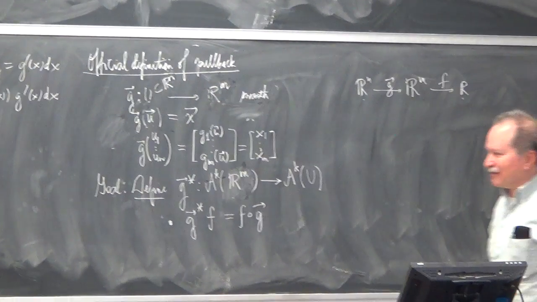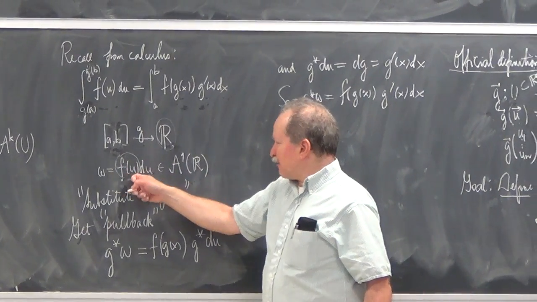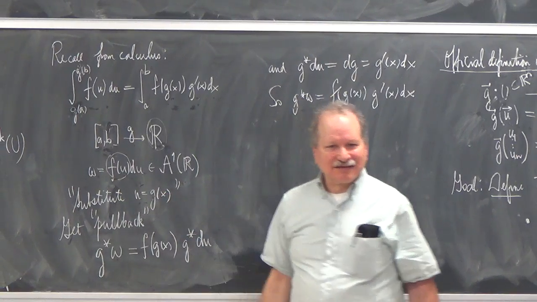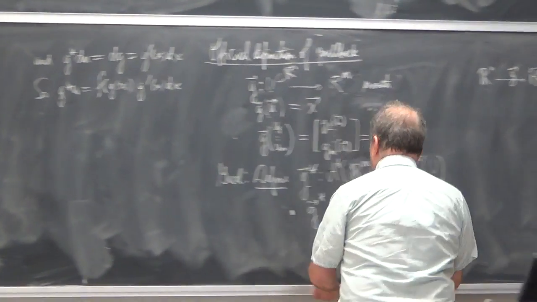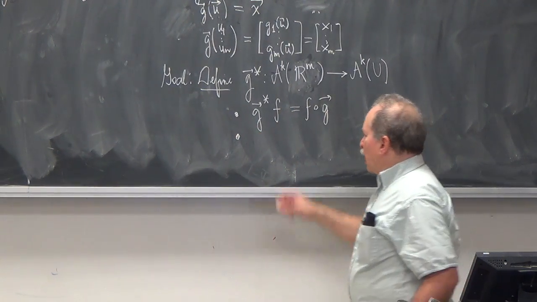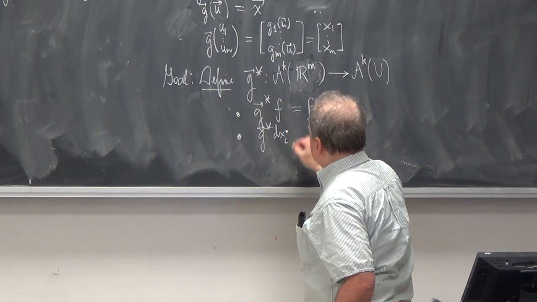Compose functions. That's what we did here, folks. Where we had f of u, we put in u as g of x, and we had f∘g. All right? Second list on the rule. How do you pull back a dx sub i?